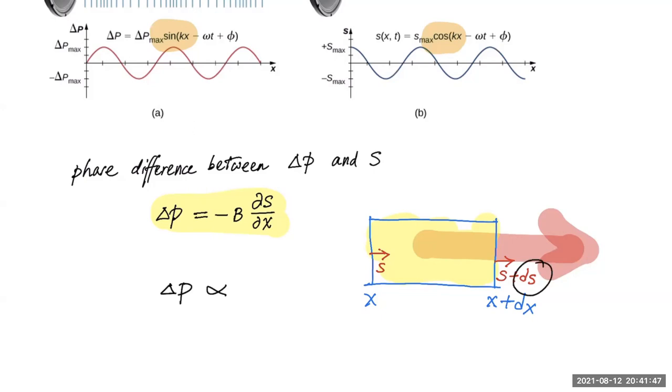Of course we're going to use a partial derivative because I'm assuming this picture is taken at the same moment, so both left and right side have the same time t.